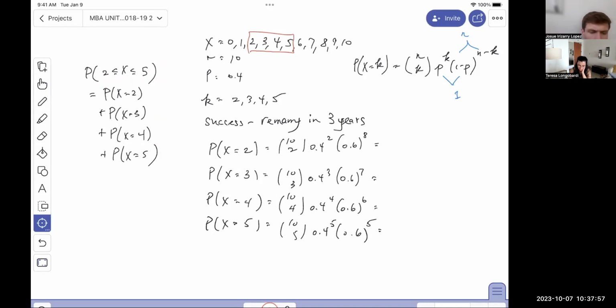But if you wanted to do something subtraction-like as you did in the normal distribution, you should take off everything before, the probability x less than 2, off of the probability x greater than 5. That would be something you could do.